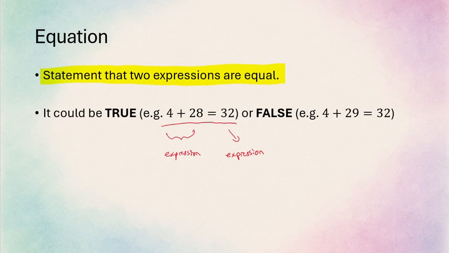Now, this is true because we know that 4 plus 28 does in fact equal 32, but it could be false because if you have a look here, 4 plus 29 equals 32. That is not right. 4 plus 29 is in fact 33. Okay, so that means this is a false statement right here.